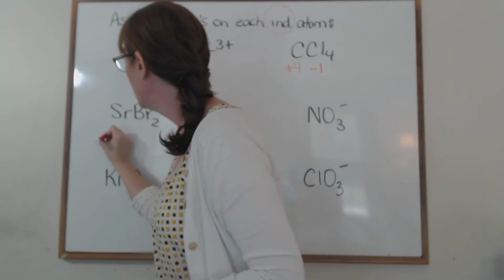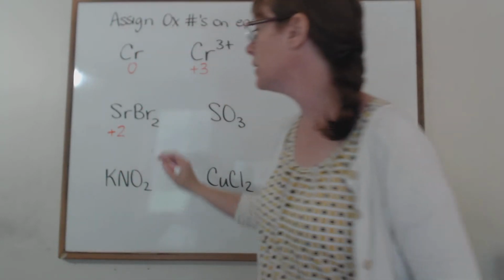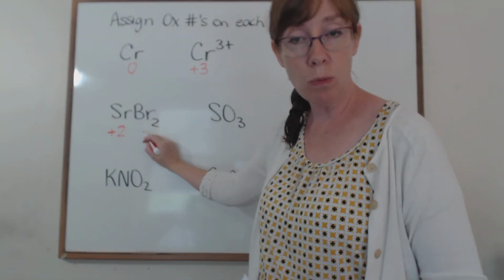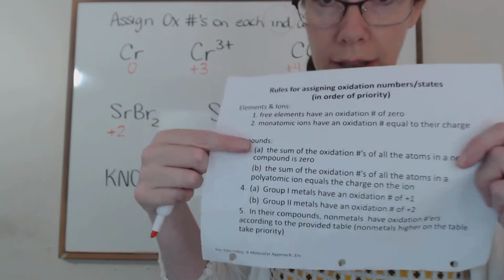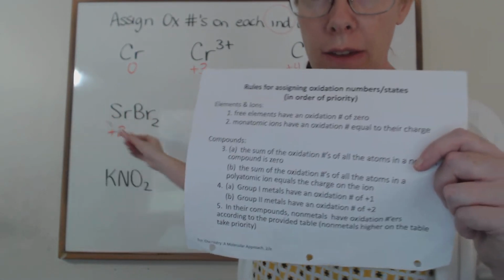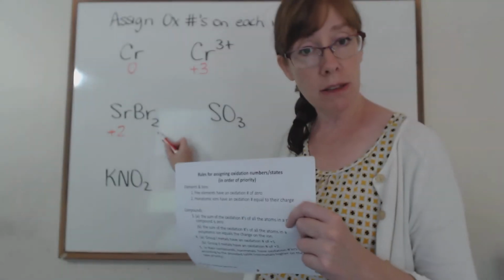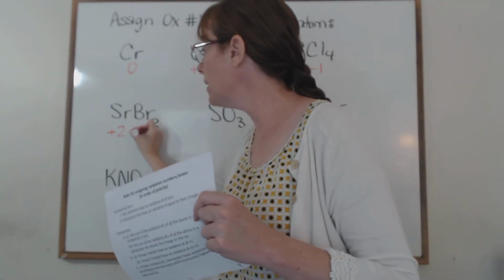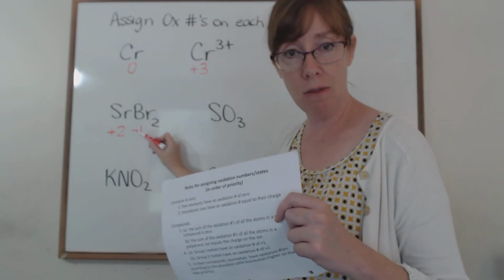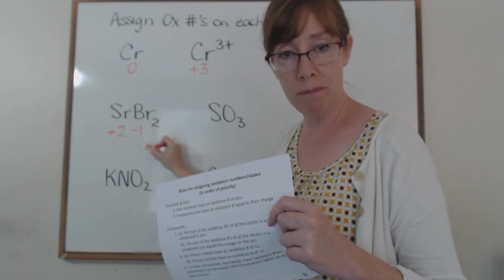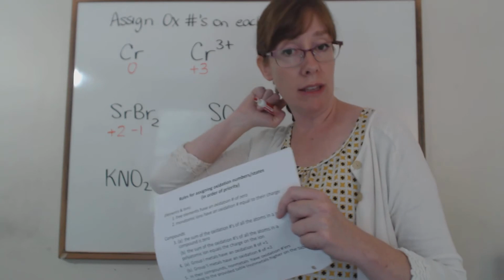They will have oxidation numbers of +2. And once there's only one type of atom left, this rule's got to kick in. You got to make sure you give it the right number so that they all add up to 0. There are 2 bromines, so hopefully you see that if they have oxidation numbers of -1, there are 2 of them. When you add that to +2, you'll get 0.